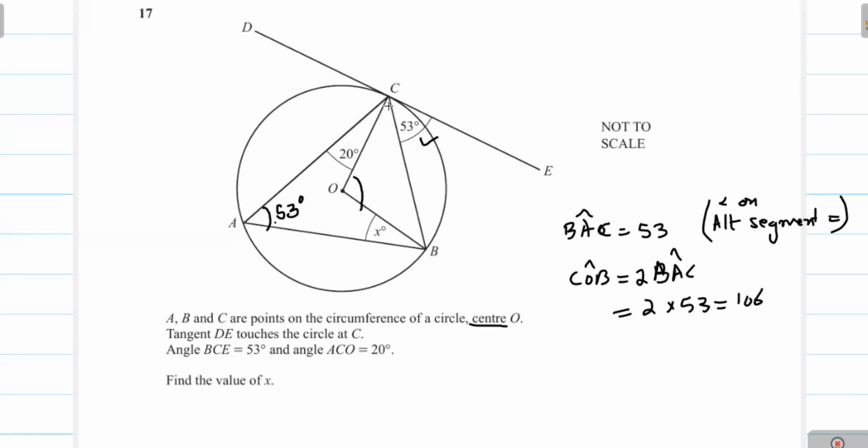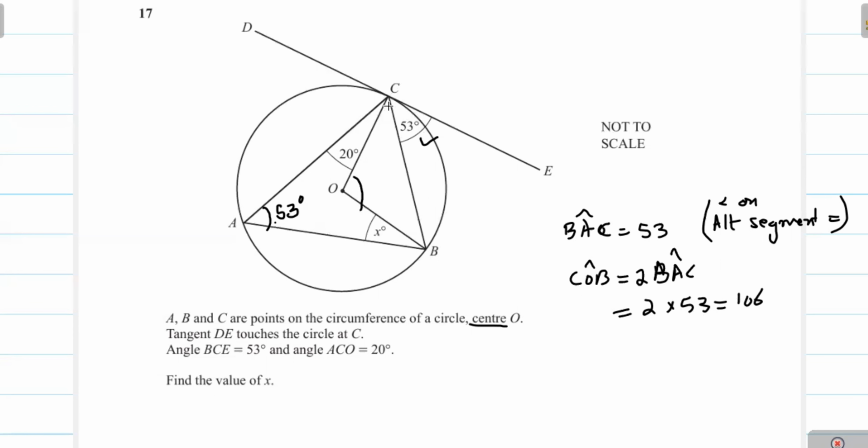Now you see here, this is the triangle COB. In the triangle COB, this is an isosceles triangle because OC and OB are radii. Therefore, the unequal side is BC. The angles on the base are always equal.